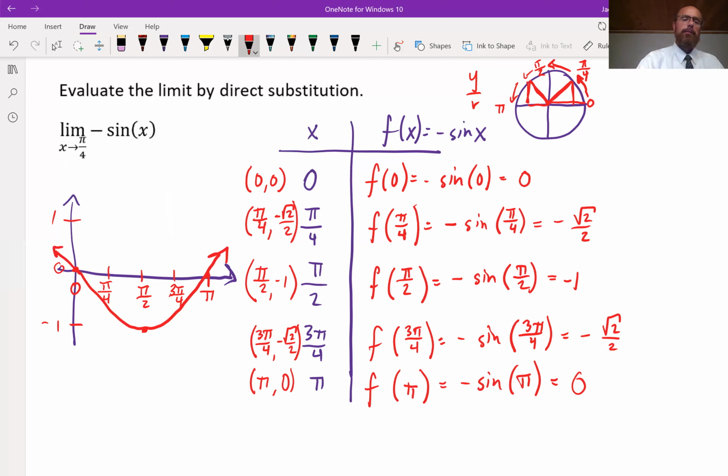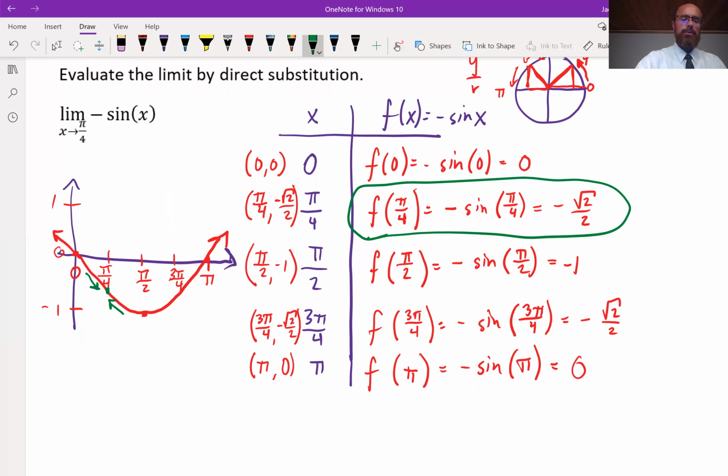So just to check for the limit we're looking at, we're looking as x approaches pi over 4. So it looks good in terms of continuity. That left side is matching up with the right side. So we're ready to write our answer because we've actually calculated already f at pi over 4.